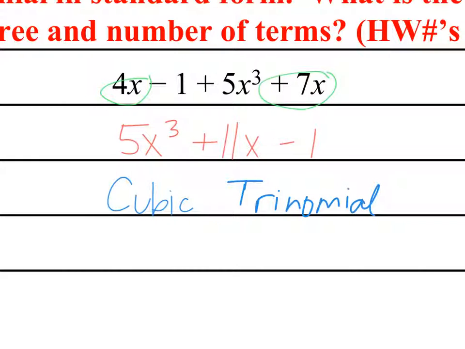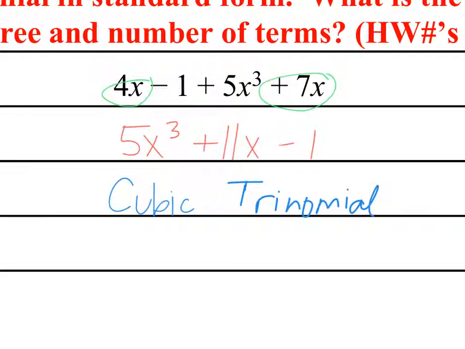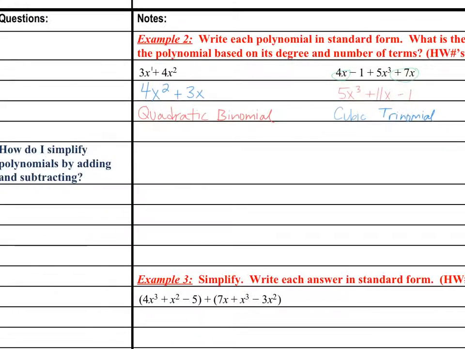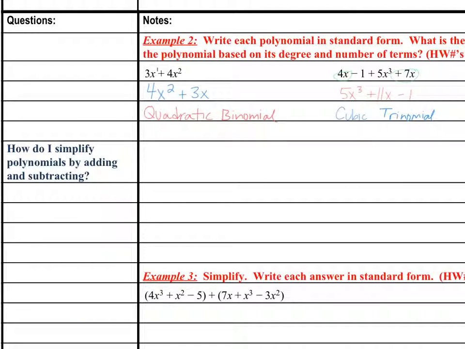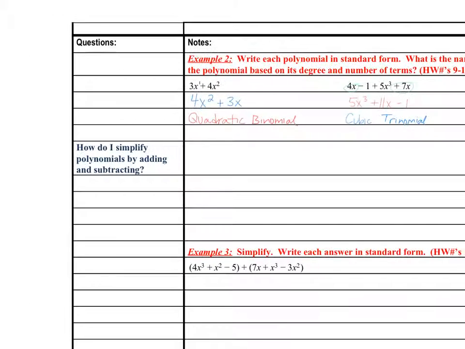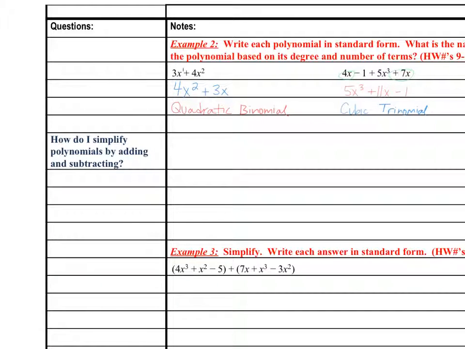Okay. Now the last thing we're going to do today is simplifying, which you've done before, because you know how to combine like terms, and that's all we're going to do. So just a couple of reminders. How do you add or subtract polynomials, just like you would anything else when you're combining like terms. First thing you need to do, if you have a negative, you need to distribute the negative, if there are any.